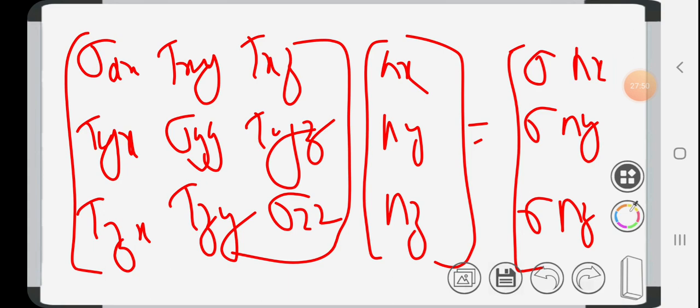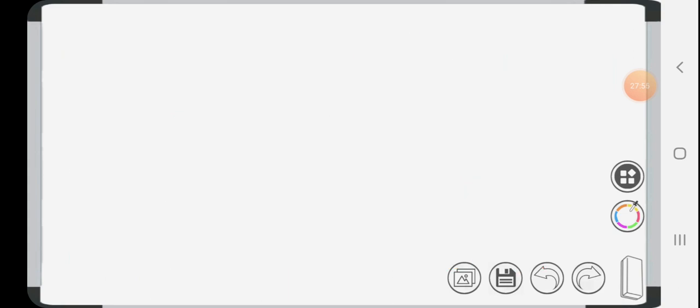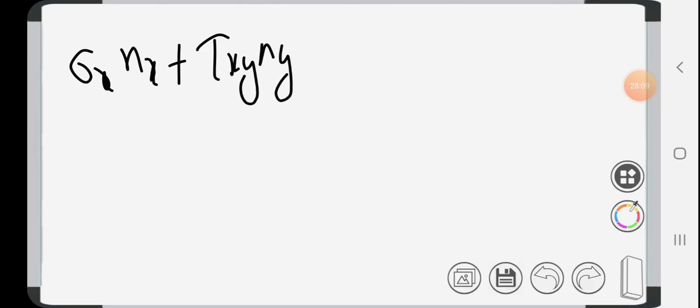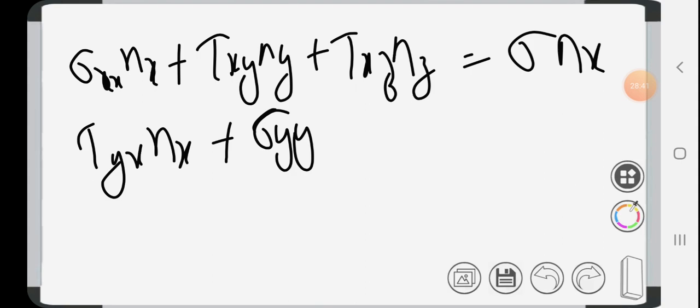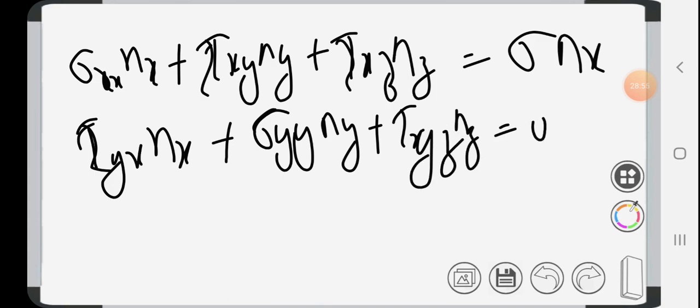Now I can write this in algebraic equation form. Sigma xx nx plus tau xy ny plus tau xz nz should be equal to sigma nx. Similarly, tau yx nx plus sigma yy ny plus tau yz nz equal to sigma ny.